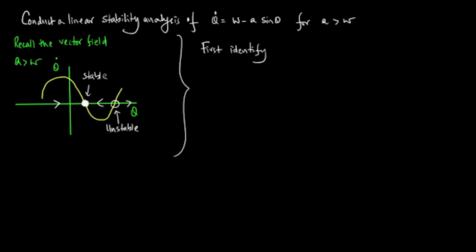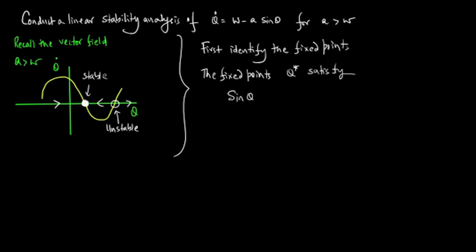So we first identify the fixed points. The fixed points theta star satisfy sine theta star is equal to omega divided by a, and cos theta star is equal to plus or minus the square root of 1 minus (omega by a) squared.